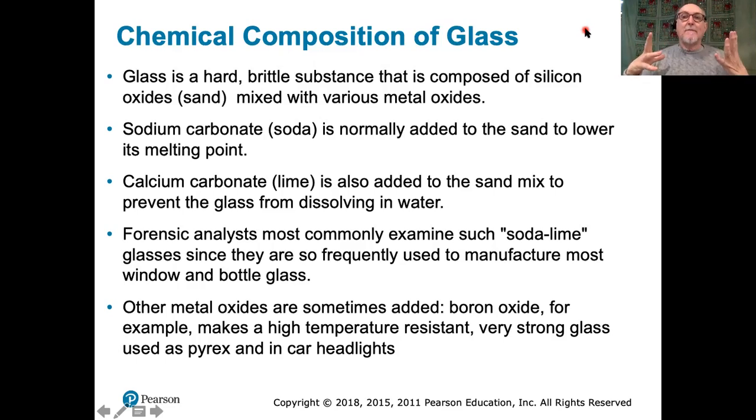It is not crystalline. Its atoms, if you could see them, would look much more like a liquid in that they are randomly distributed and their bonds are randomly distributed. So it is referred to as being an amorphous structure, an amorphous solid rather.